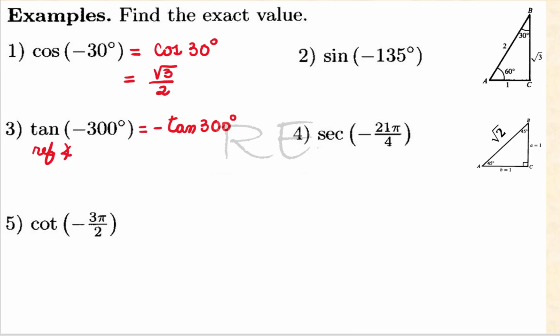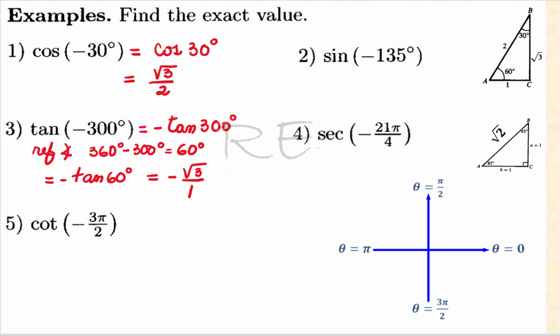The reference angle for 300 will be 360 minus 300. 300 is a fourth quadrant angle and it's 60 degrees. Negative tangent 60 degrees will be minus, and tangent of 60 is square root of 3 over 1, which is square root of 3. So the answer is negative square root of 3.